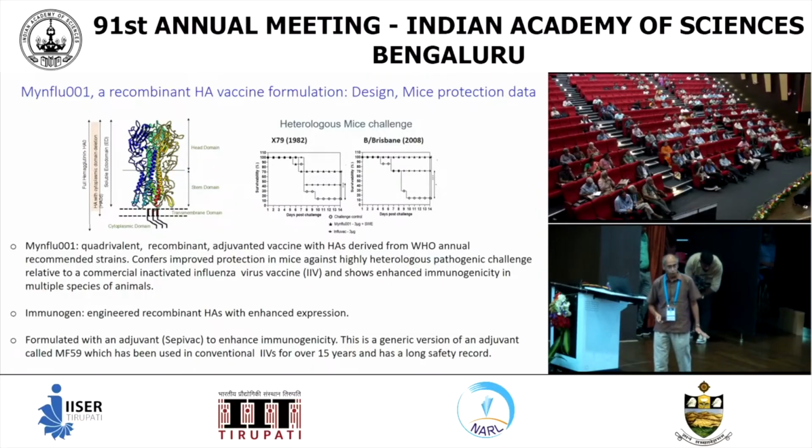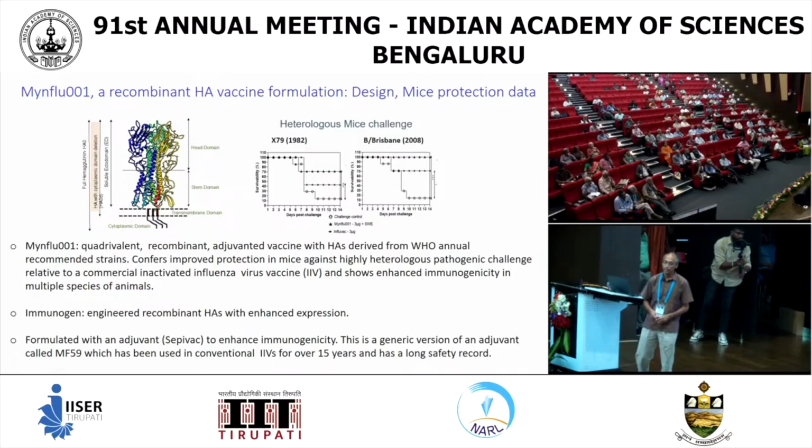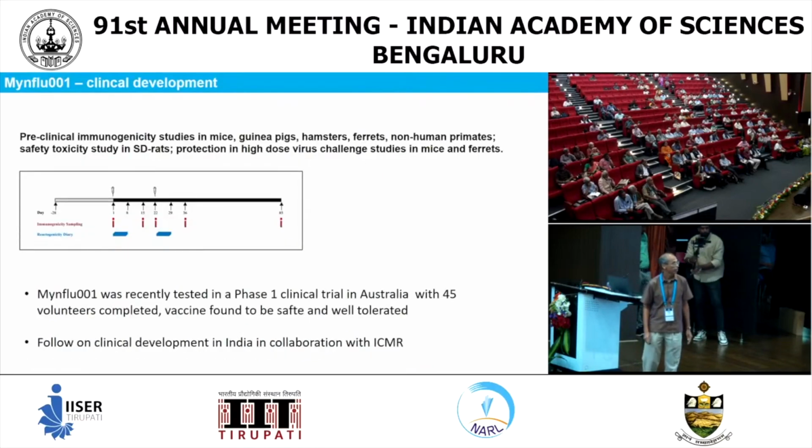So fortunately, the Gates Foundation had engaged to make generic versions of some of these vaccine adjuvants, and we were able to use one of them, which is an oil in water emulsion-based adjuvant. And this has been used in conventional flu vaccines in millions of people in Europe, so we knew it had a good safety record.